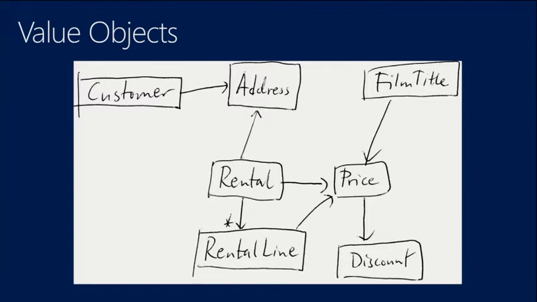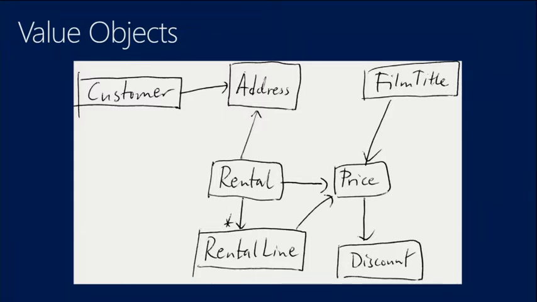So here's a little sketch that could be a database diagram or an object model. If this was a database diagram for a relational database, the DBA would probably get quite upset with us. We have a one-to-one relationship between a rental table and a price table.